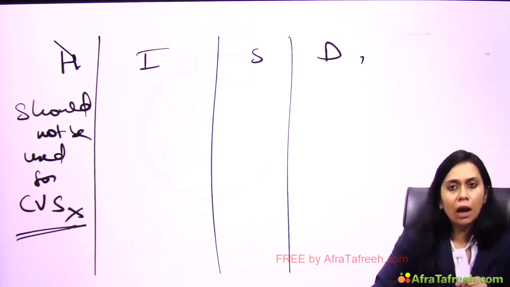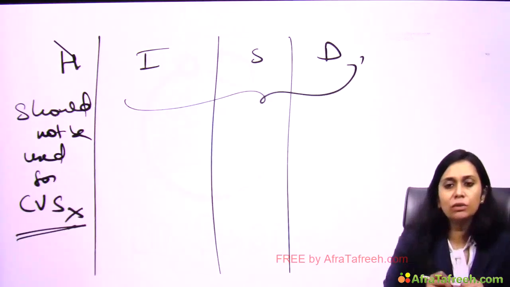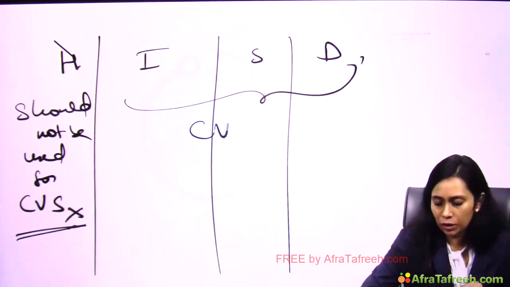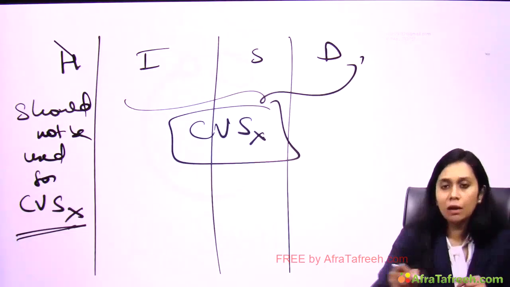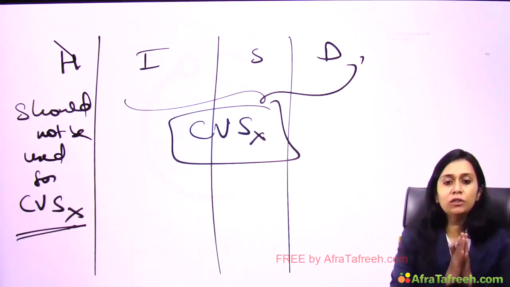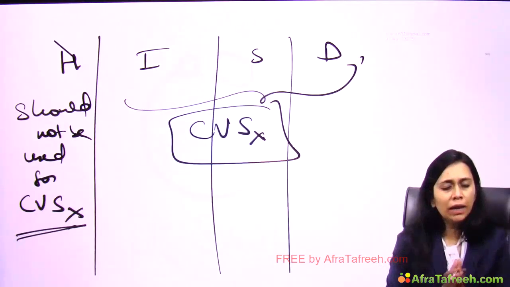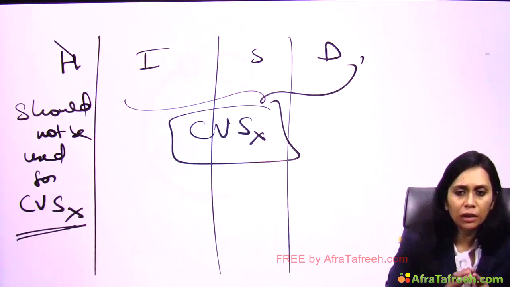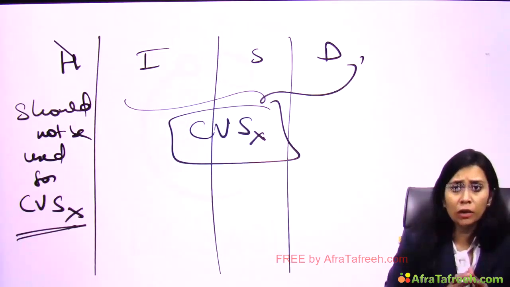Okay. Iso can be used, sevo can be used, des can be used. All three can be used for cardiovascular surgery. Guys, whatever is the effect of isoflurane on the cardiovascular system, exactly similar is the effect of desflurane and sevoflurane also. All three have the same effect, right? All three can be used.